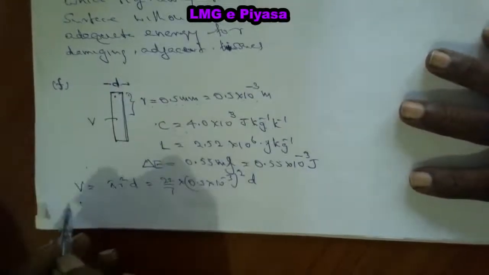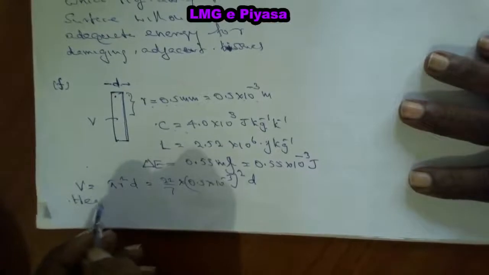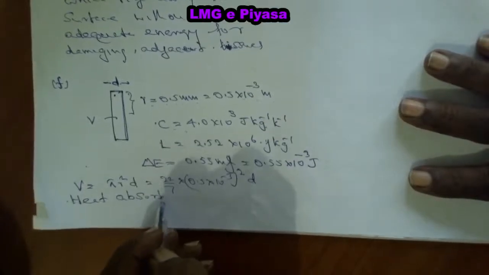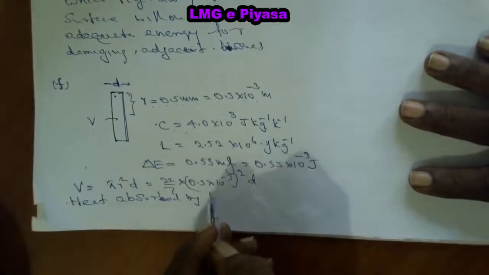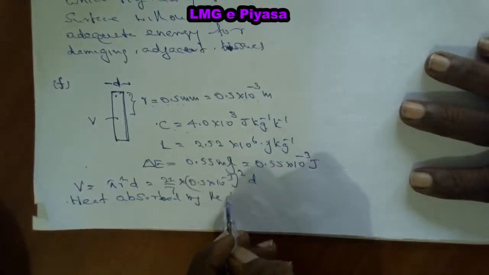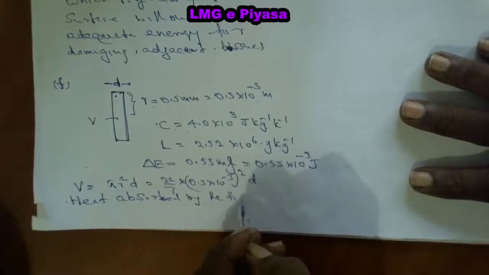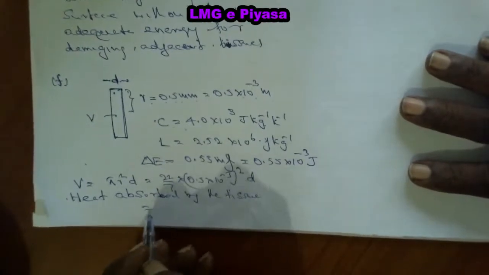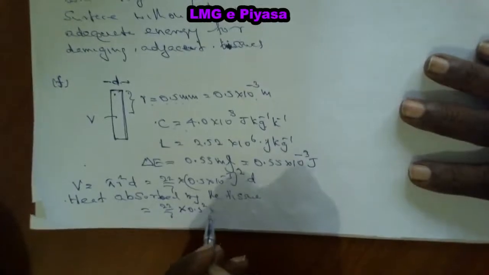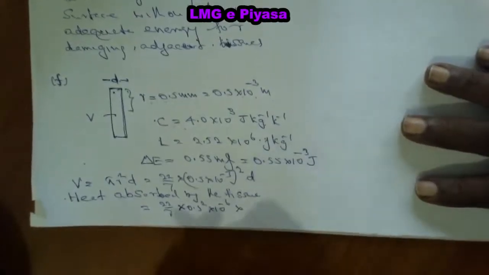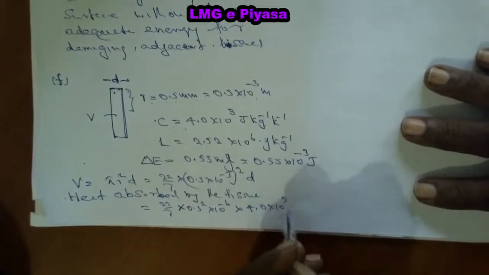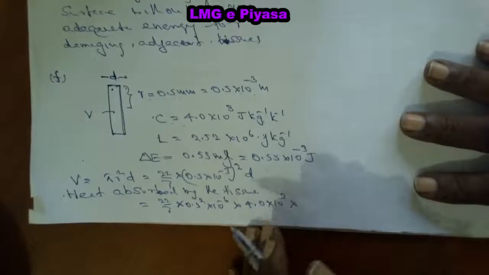Then heat absorbed by the tissue is equal to this volume into 22 over 7 into 0.5 squared into 10 to the power of minus 6 into heat capacity, which is 4.0 into 10 to the power of 3, into what is the temperature increase?